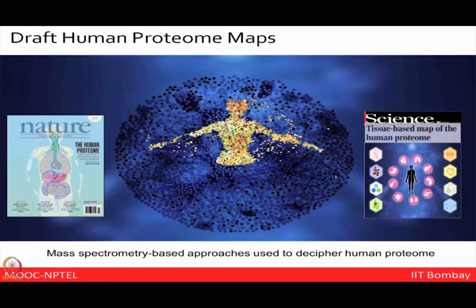Evidence for almost 17,500 proteins was provided in 2 different seminal papers, based on mass spectrometry in 2014 and then on the tissue based map of the proteome in 2015. So, these are again major milestone accomplishments. After the draft human genome maps, we now have the draft human proteome maps available.